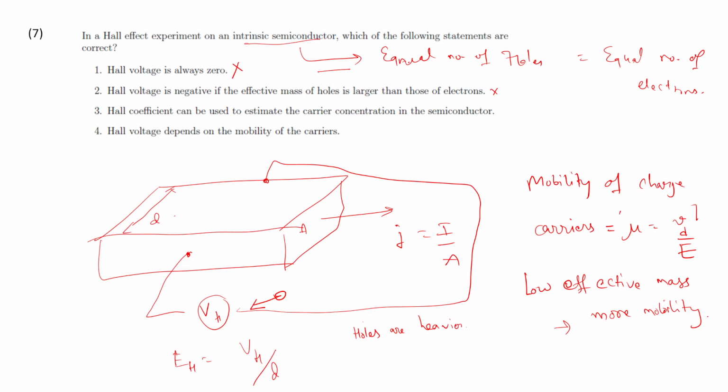So the Hall voltage depends on the mobility of charge carriers. What we concluded is that the Hall coefficient cannot be used to determine the carrier concentration, so this is wrong. The statement that the Hall voltage is dependent on the mobility of the carriers is true.